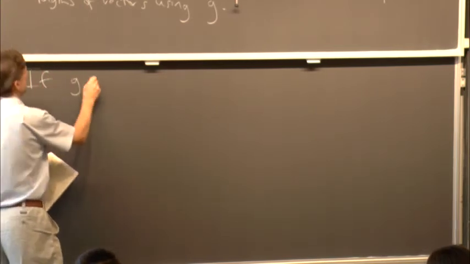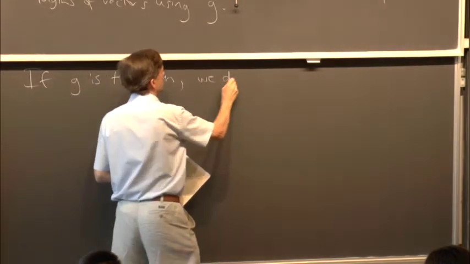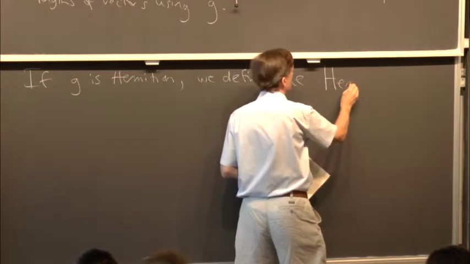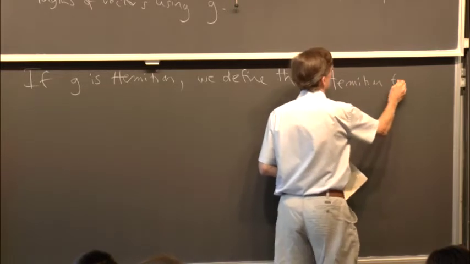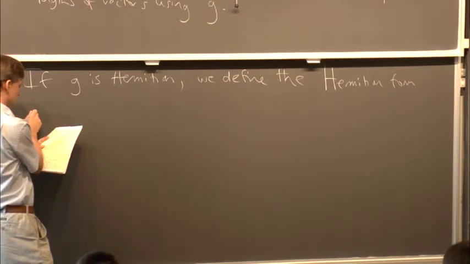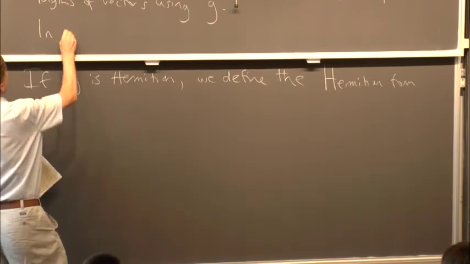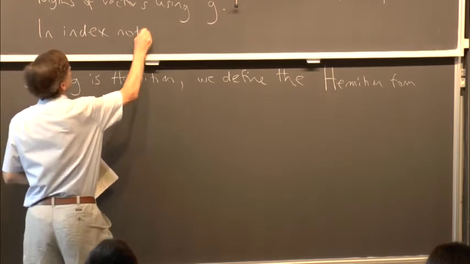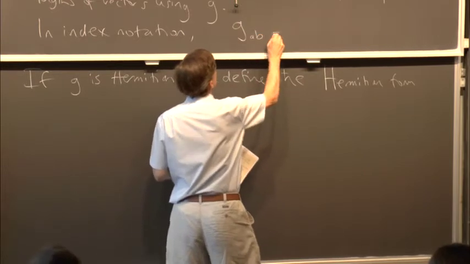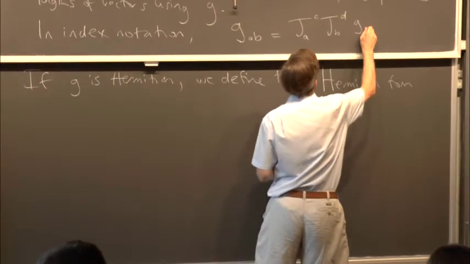Before we define the Hermitian form, let's say in index notation we have that g_AB equals J_A^C J_B^D g_CD.